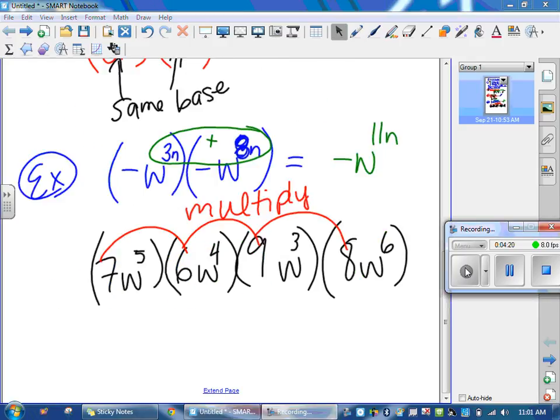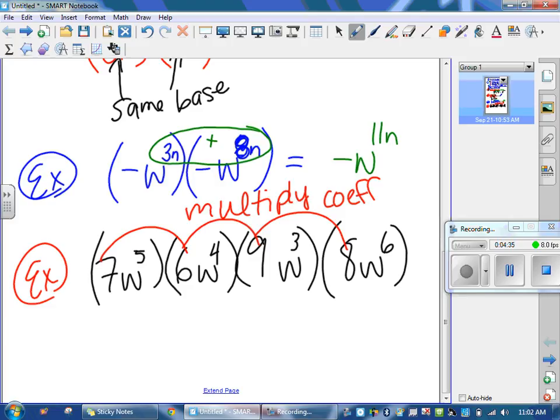So our last example is showing multiple steps. We have multiple brackets here. We have coefficients. We have numbers in front of variables. So you would multiply the coefficients, and then use your exponent laws on the variables. So I have a base of w, base w, base w, and a base w.